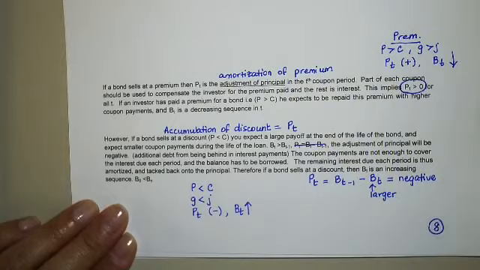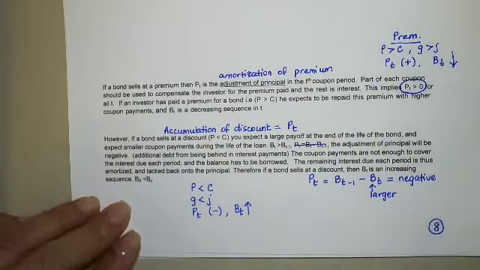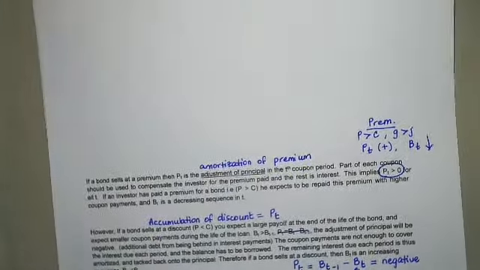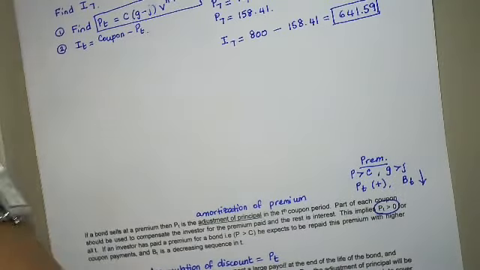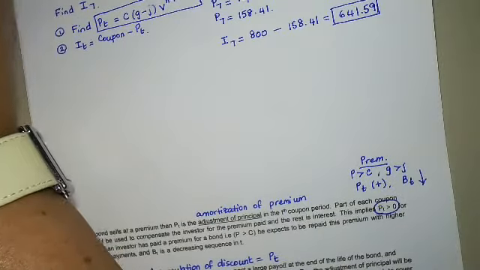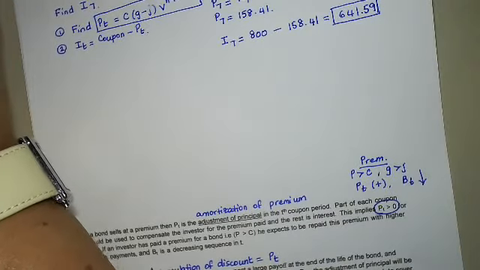It says the coupon payments are not enough to cover the interest due each period, and the balance has to be borrowed. We saw this happening when we were doing the amortization schedule, right? Should I put that amortization schedule back up so you can see what I'm talking about? Let's do that for a second.